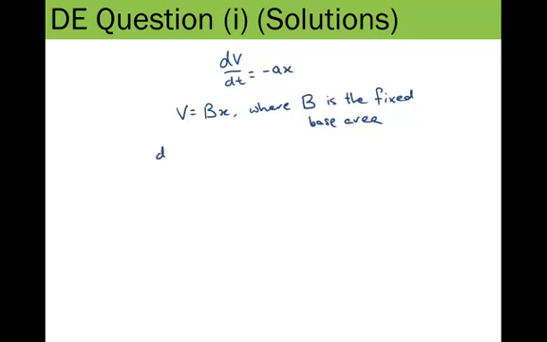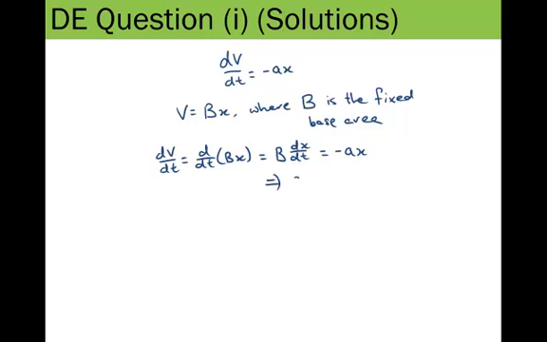So now dV/dt is equal to d/dt of bx, but because b is a constant, this is equal to b d/dt of x, which, because dV/dt is equal to negative ax, I have b dx/dt equals negative ax.